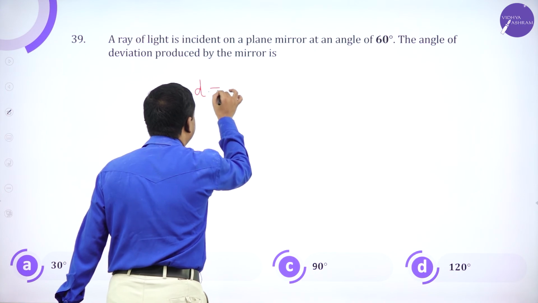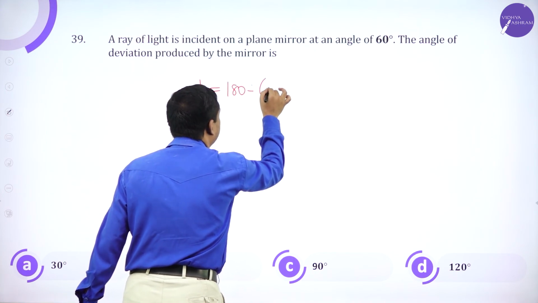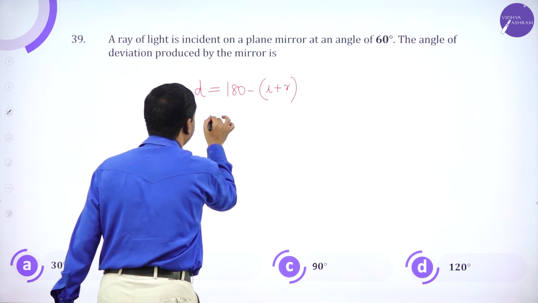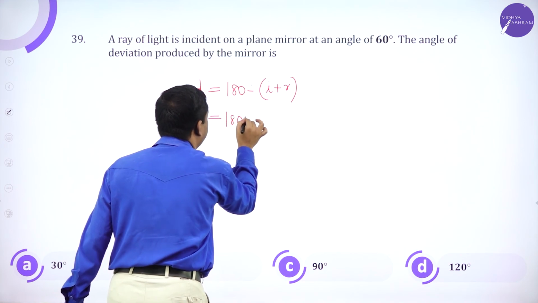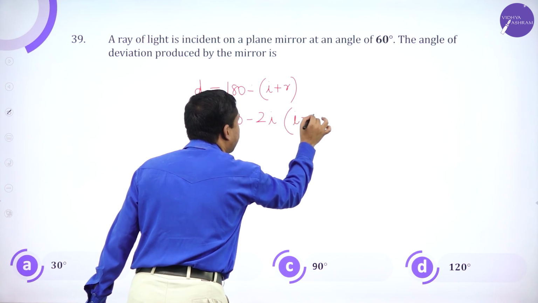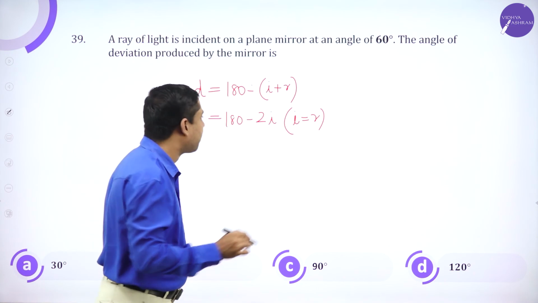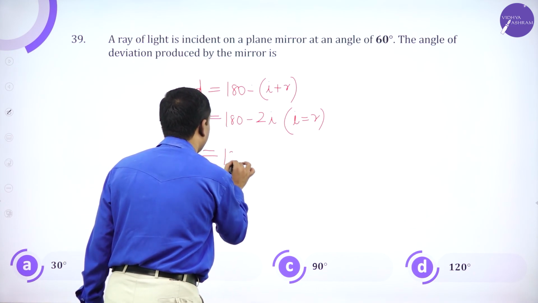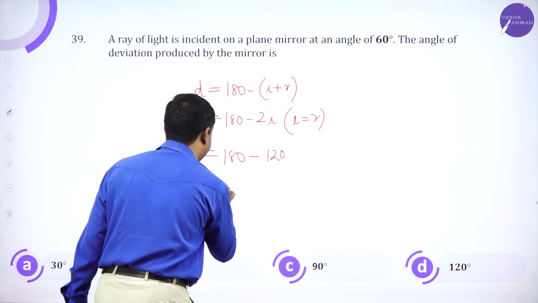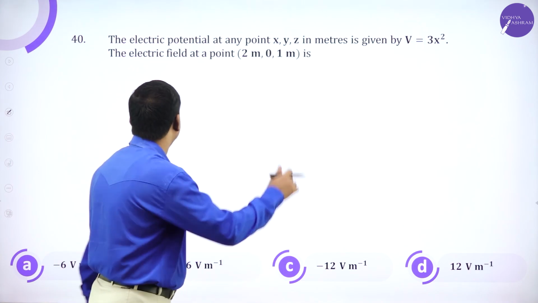Angle of deviation is 180 minus I plus R, or 180 minus 2I, because the first law of reflection says angle of incidence is equal to angle of reflection. 180 minus 2 into 60, 120. So 60 degree is the answer. The next question.